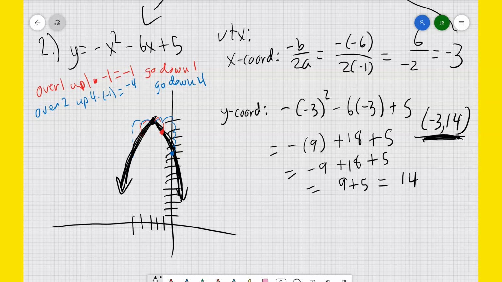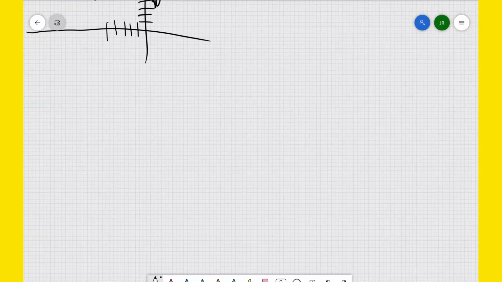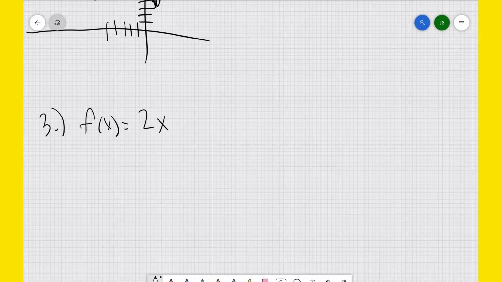All right. Let's do just maybe 1 or 2 more examples. Let's do this one. What's the vertex? The x-coordinate is negative b over 2a. What's b?